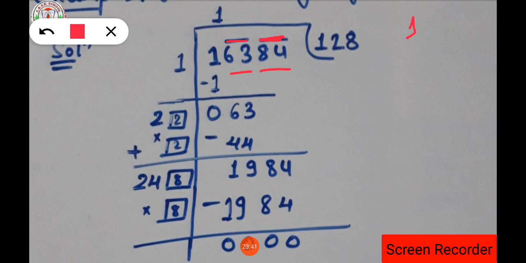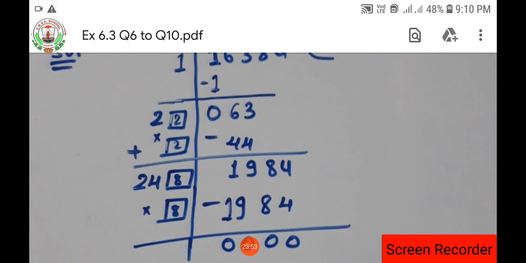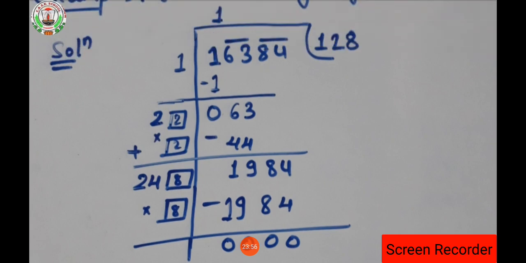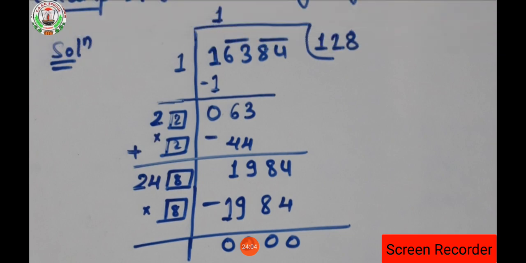So we have to think of a number by which 1 will get cancelled. 1 comes in the table of 1 itself. So 1 into 1 is how much? 1 itself.